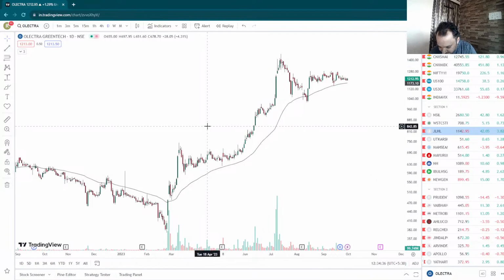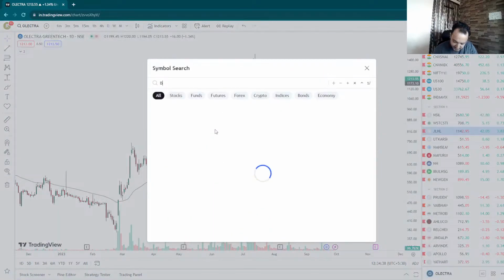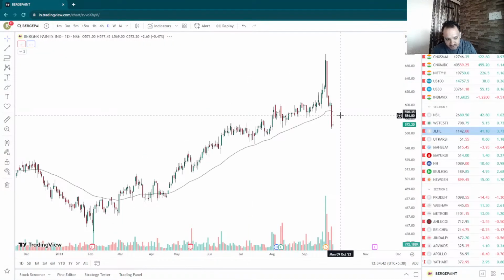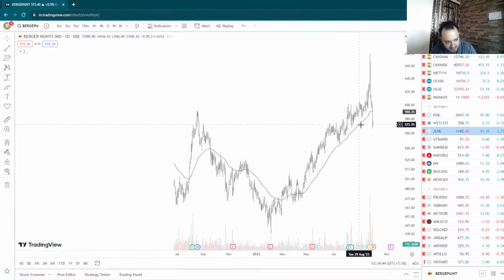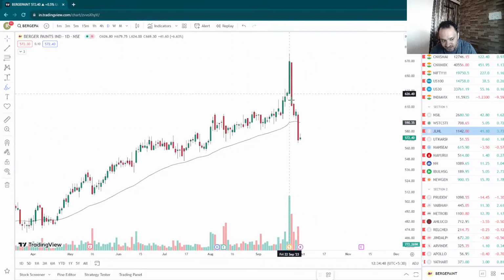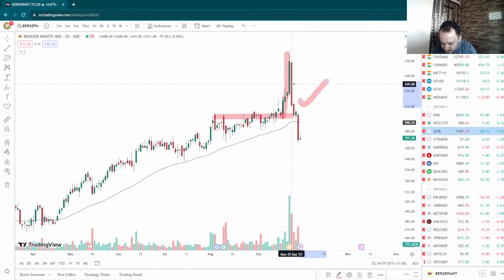All right, Berger Paint. Finally, something about Berger Paint. How to identify such falls? Expect them always. That is what I do. After such a breakout, it's okay if you bought in the range. It has a lot of news going on in it.